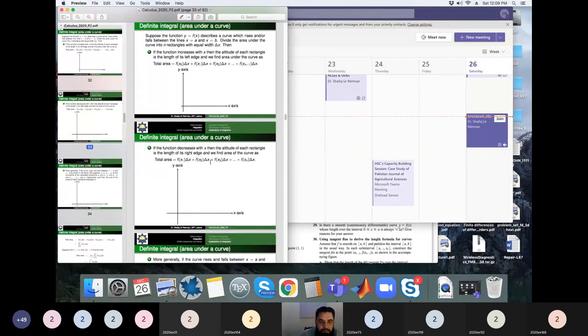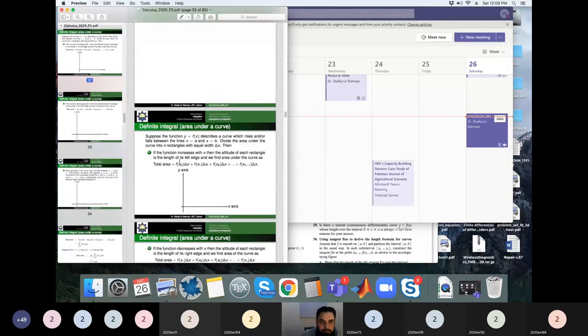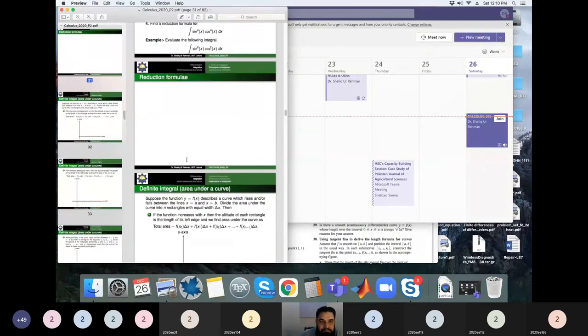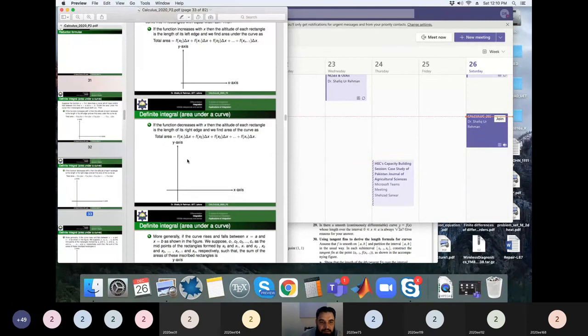Pretty much along the same line, when we talk about the decreasing behavior of the function, then the altitude of each rectangle would be considered by looking into the length of its right edge. So the first subinterval is basically from x0 to x1.